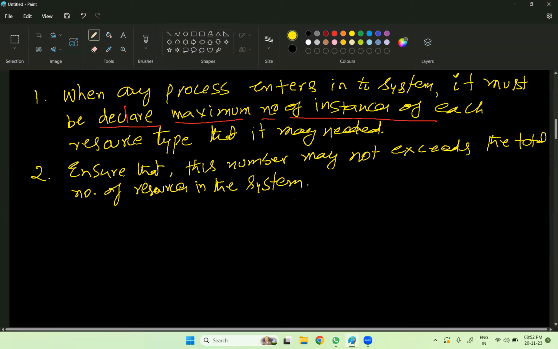Otherwise, you make your resource requisitions in a proper way so that the second point is satisfied. You must make such arrangements in your process and come back for its execution.